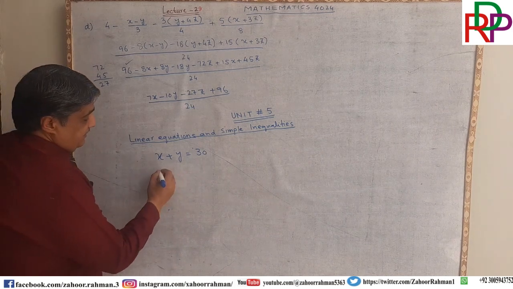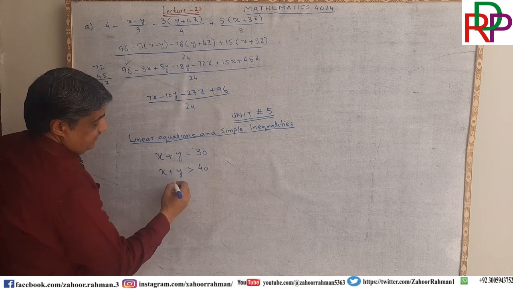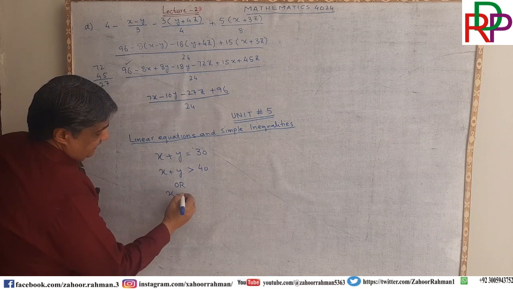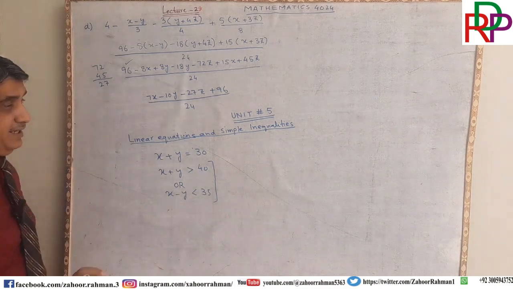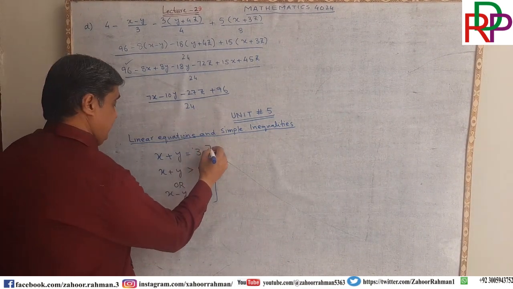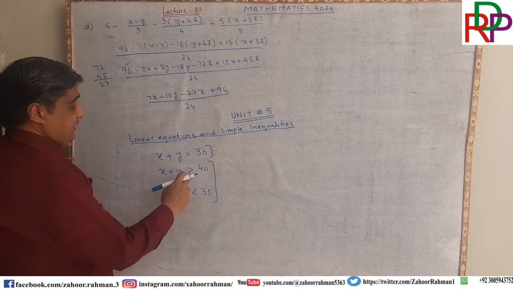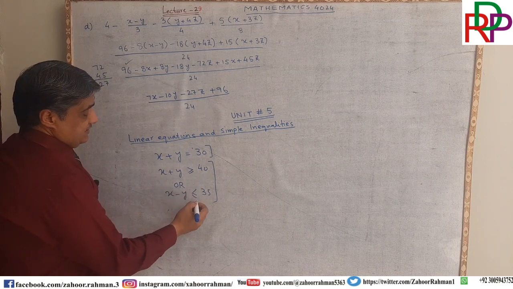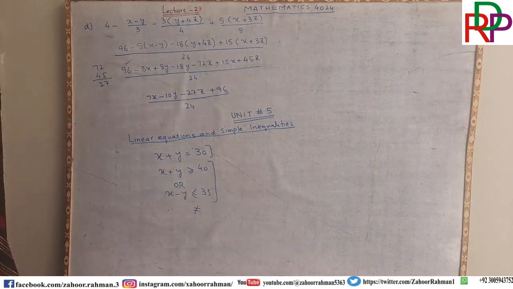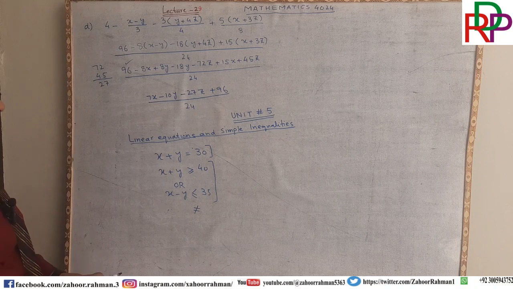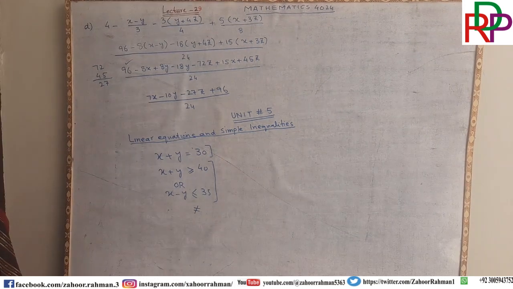But if it contains x plus y is greater than 40, or x minus y is less than 35, then these two are called inequalities. This is called equality because there is an equal symbol. When there is a greater than or equal, less than or equal, or not equal symbol, then we are saying that these are inequalities.